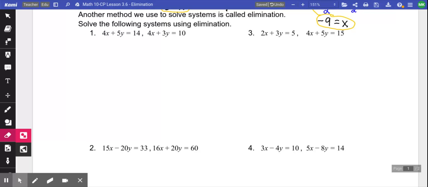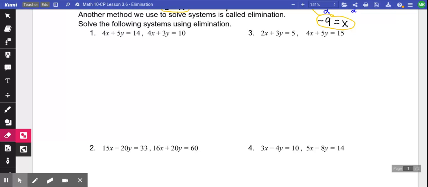So I don't know what to substitute, right? In the other questions, it always said y equals this. So I could move it and substitute it really easy. I don't know what y equals here, and I don't know what y equals here. So that's why they have more than one way. Technically, if you got really good at one way and you had very strong algebra skills, you could always use that one way.